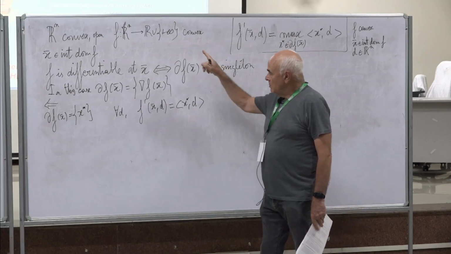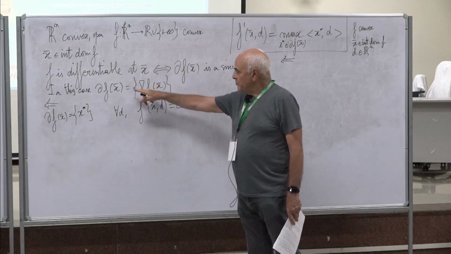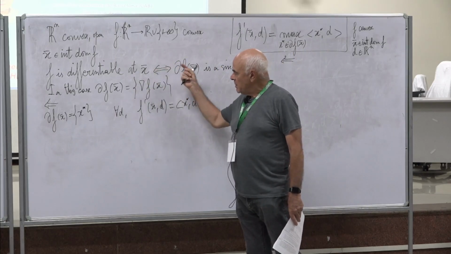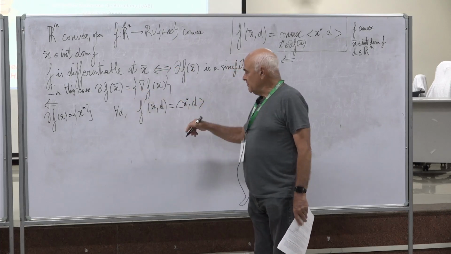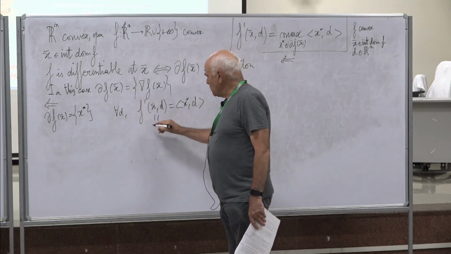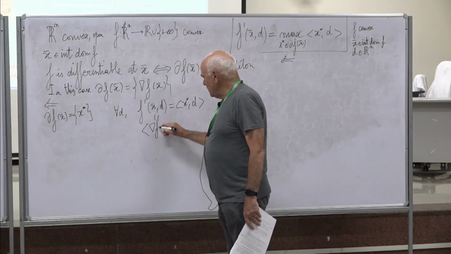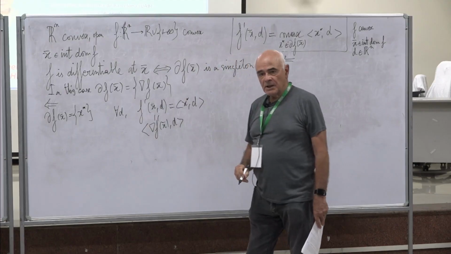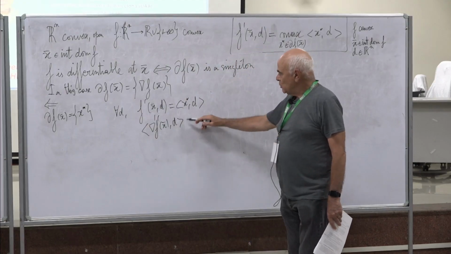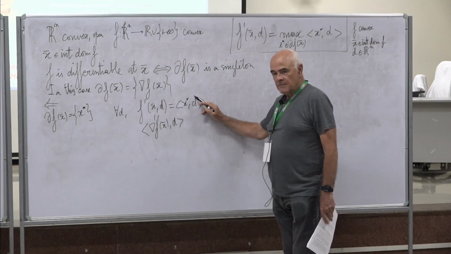By the way, here we have proved not only the implication from right to left, but also this equality, because the directional derivative is the gradient inner product the direction. So these two linear functions coincide.